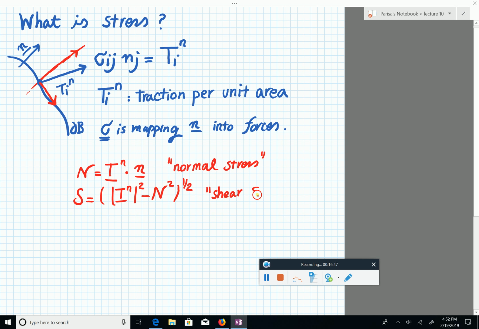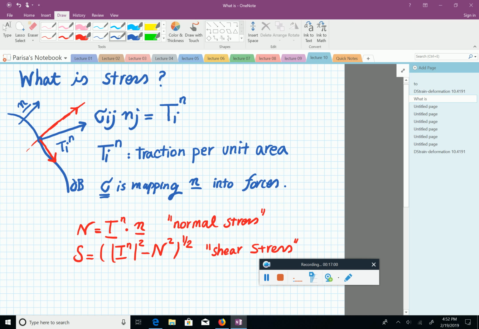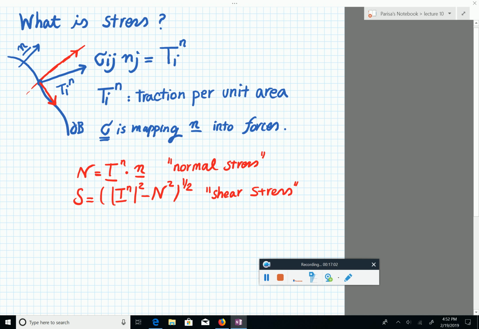But now we all know the distinction between stress and traction. So that's why I put them in quotation. What we have are actually components of the traction force which are normal or tangent to the boundary. So it's important that you make these distinctions. So maybe I write it here.